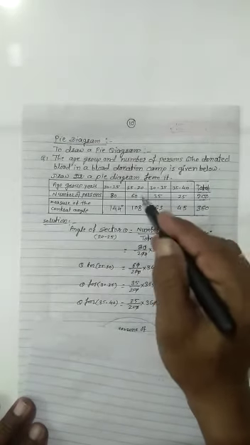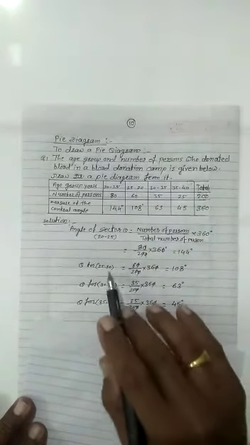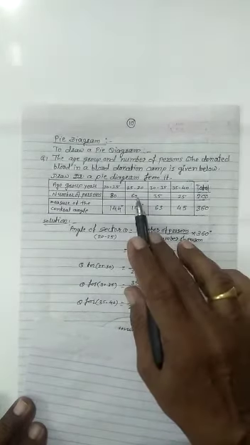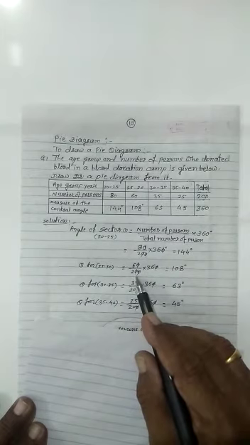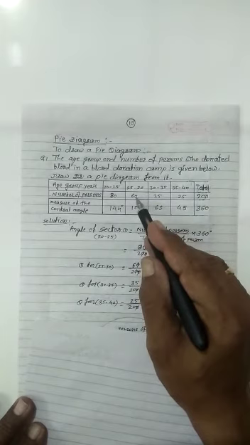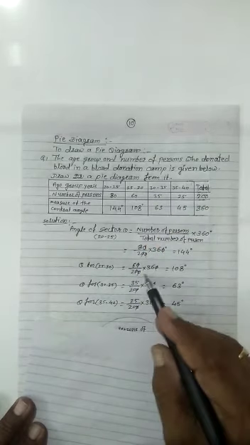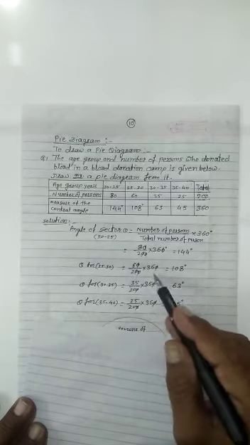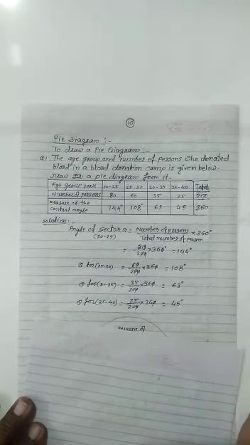Then we find the measure for the second class, 25 to 30, means 60 divided by 200 total persons into 360. These 2 zeros cancel. 6 divided by 2 gets 3. 3 into 36 gets 108.